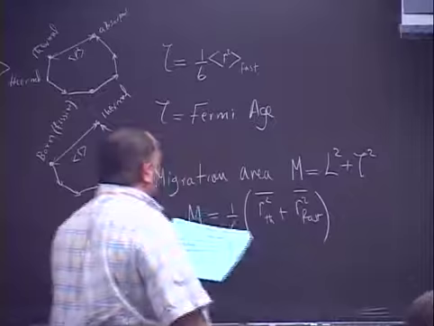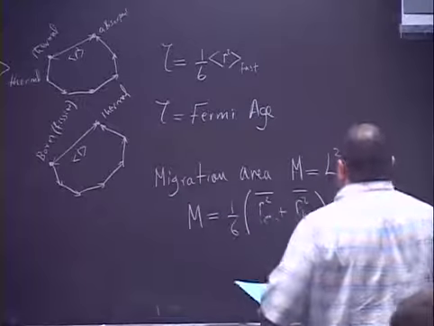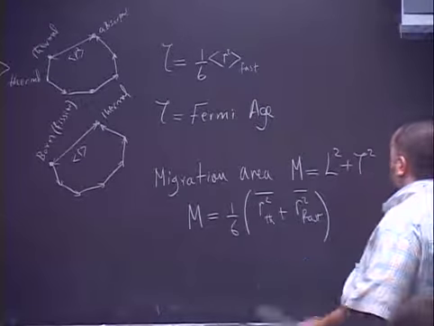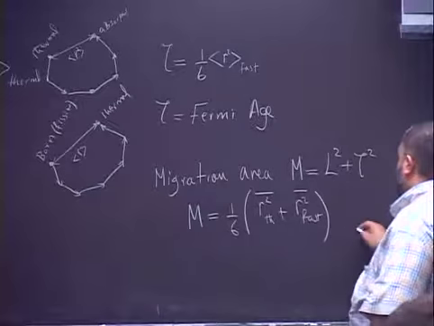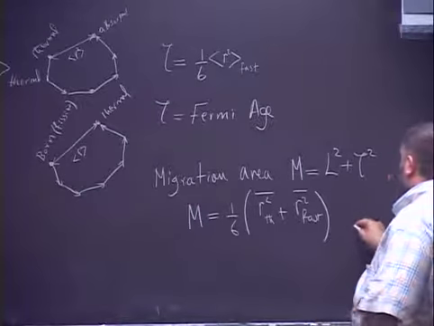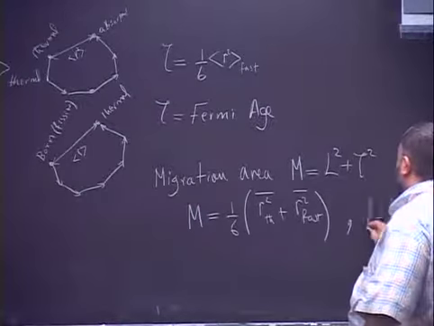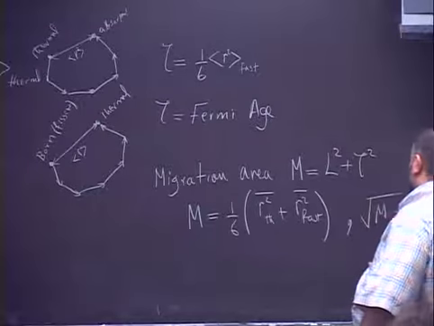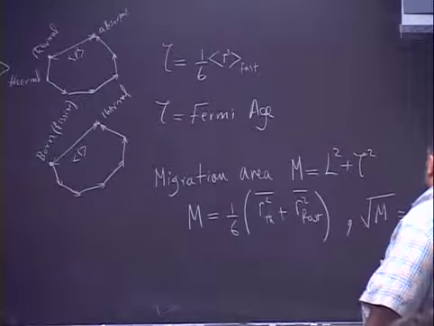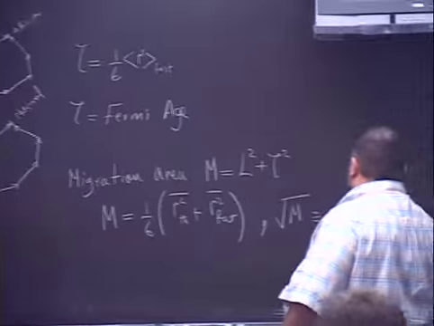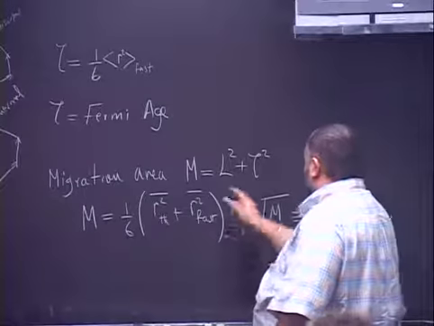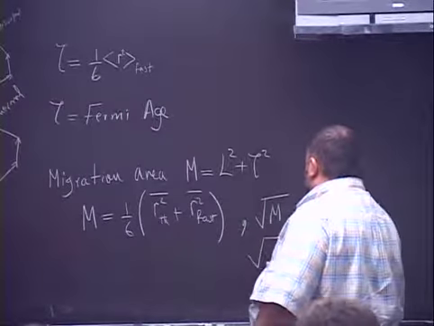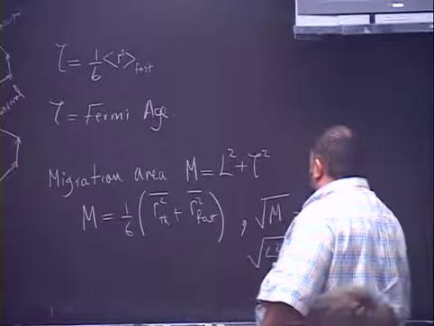Again, this is called the migration area, and the migration length is just the square root of M. And it is again L squared plus tau.